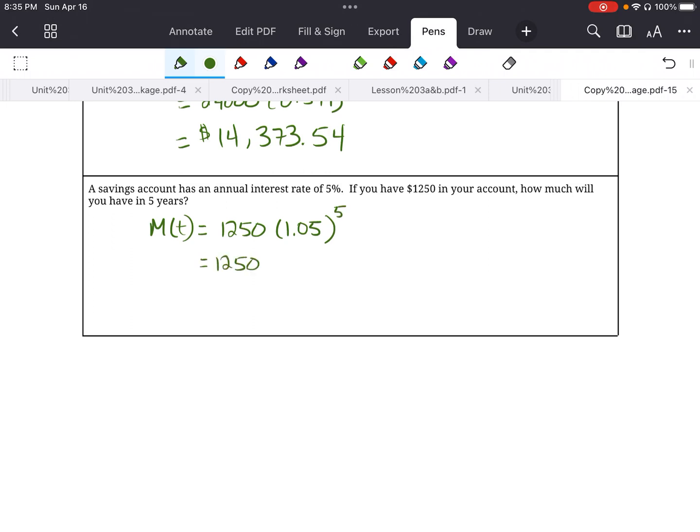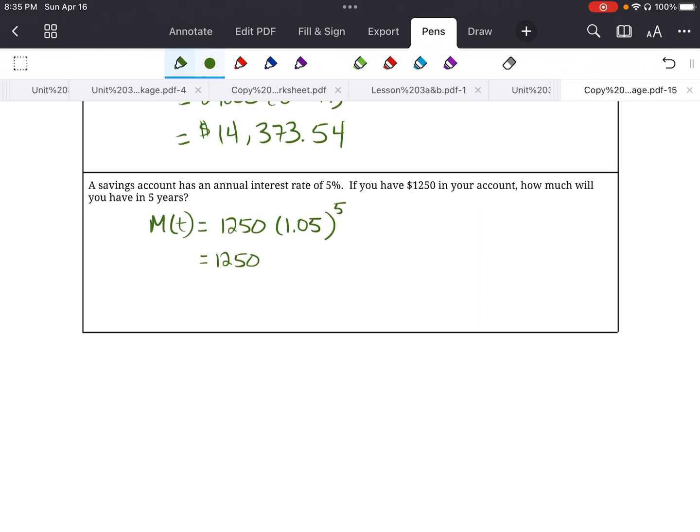So 1,250 times 1.05 to the power of 5, which is 1.276, and they will have $1,595.35. Okay, thank you.